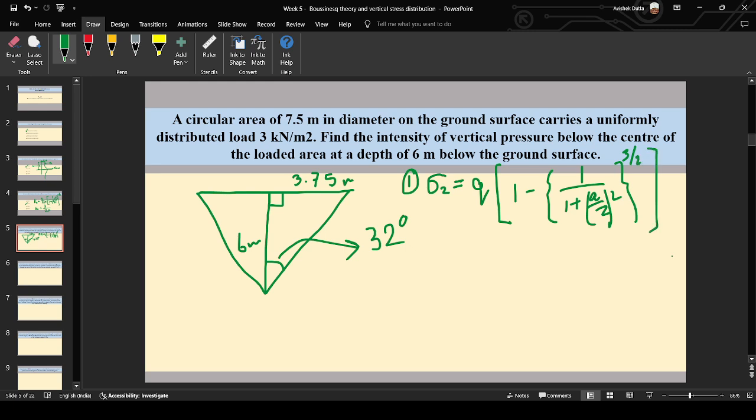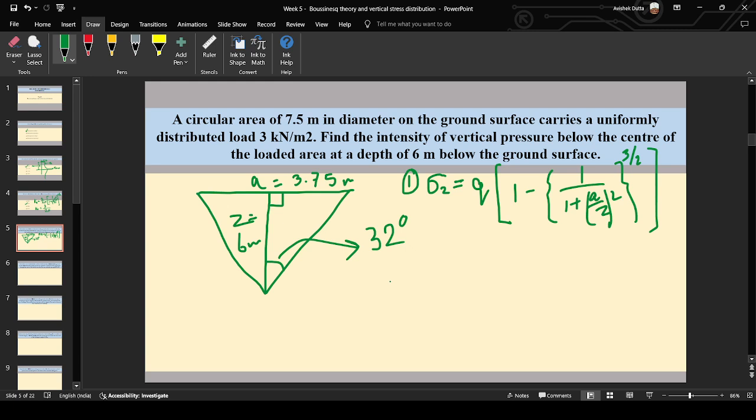Here a is the radius, which is equal to 3.75, and z is the depth, which is equal to 6 meter. Now if you solve this, a by z is 3.75 divided by 6, whole square, plus 1, divided by answer whole to the power 1.5, 1 minus answer into q.